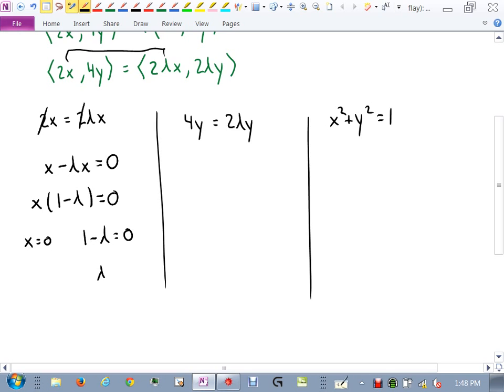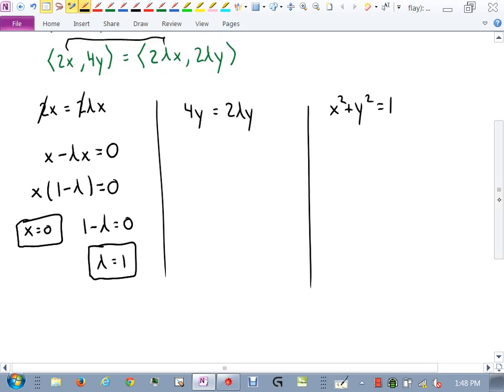Lambda is 1. So let's think about what this means. So far, to satisfy the first equation, one of those two things has to happen, right? And to get a solution, we have to satisfy all three at the same time, yes?